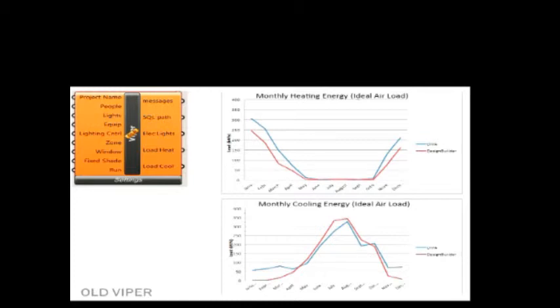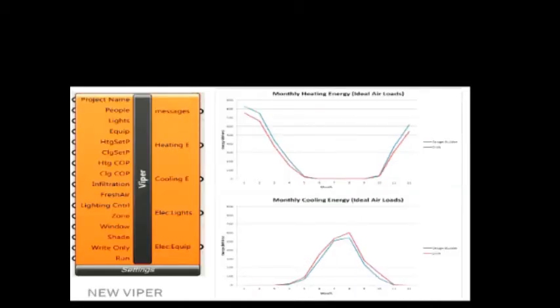And as you can see on the left side, the Viper component had very basic inputs, people, internal loads, and lighting control. So we did not have enough capability to change the defaults. So then the next generation of Viper component, as you can see, we have much more capability to adjust the parameters such as the coefficient of performance of systems and schedules, internal gains, and infiltration, so on and so forth.